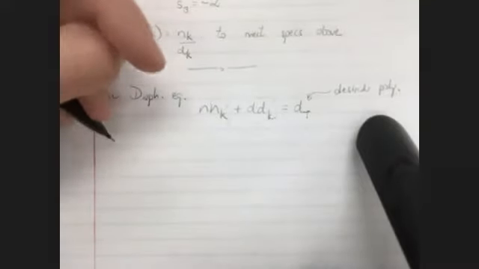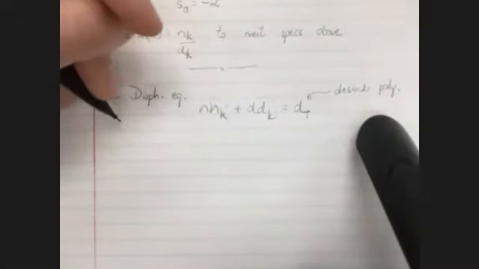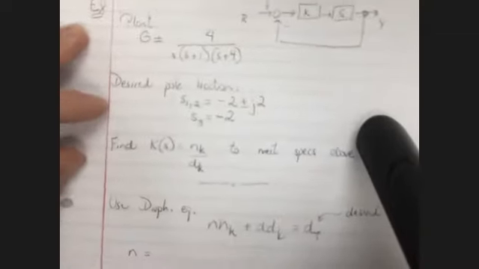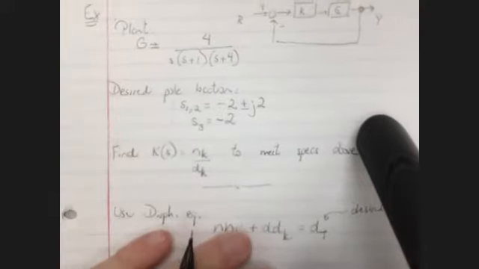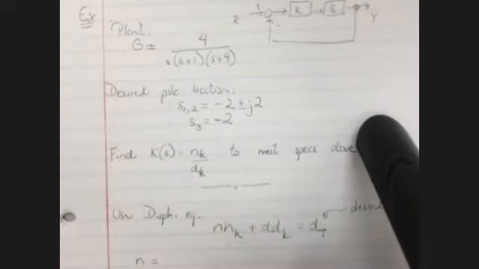So real quick, by looking at what's given in the problem, what is N of S right here? Yes, 4. Good.